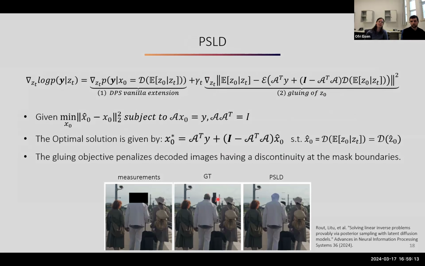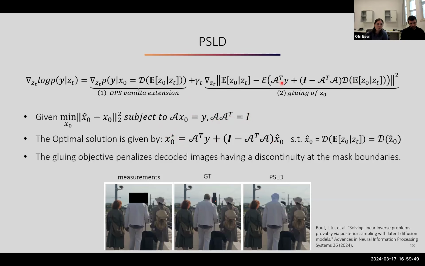The authors mentioned that we can solve this by using this gluing of Z0 term, meaning this is some sort of projection onto the measurements, as we saw in Mickey's lecture number 7. The optimal solution to this projection is given by this equation, and in the paper they stated that they use the forward measurement operator such that A transpose A is the identity matrix.